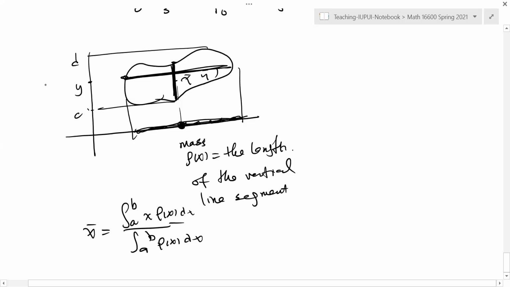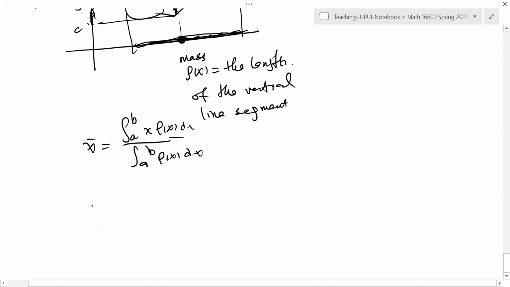Then you also get a density function along this line. So you project the whole region onto the y-axis, and the y coordinate of the centroid is going to be the centroid of this projection on the y-axis.